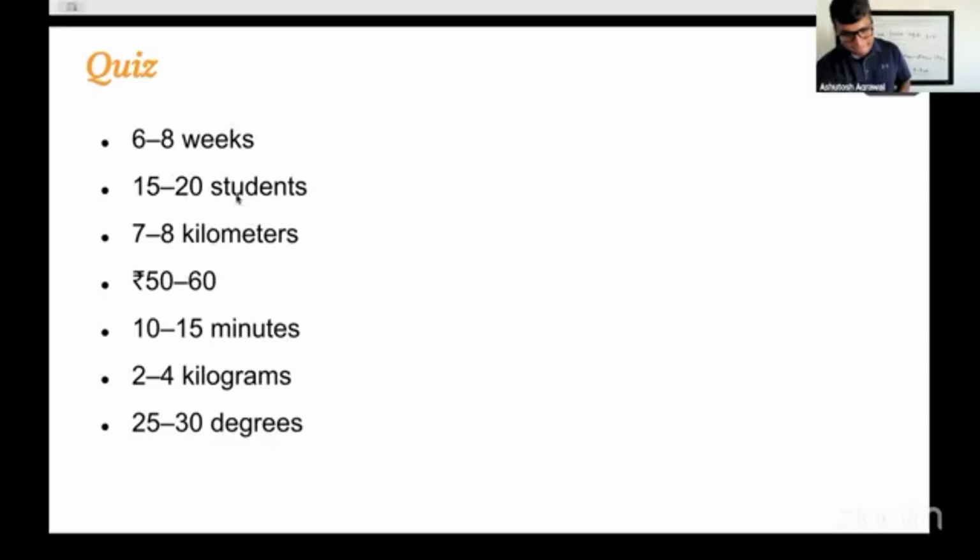I can say students, but it's vidyarthi. Okay, so 15-20 vidyarthi, if that's the word you're looking for. So you can say 15-20 students or 15-20 vidyarthi. Or 7-8 kilometer. Very good. 7-8 kilometer. Okay.